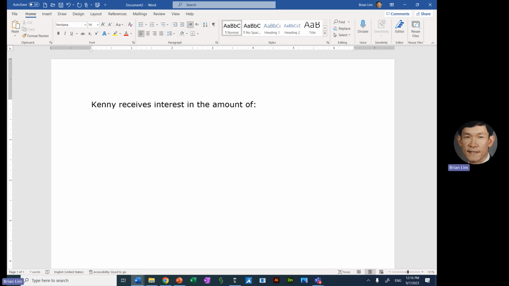So now we have $20,000.00, that is what Kenny receives, and then we have to subtract the amount that was the present value. So maybe we should put here first amount received minus the present value.